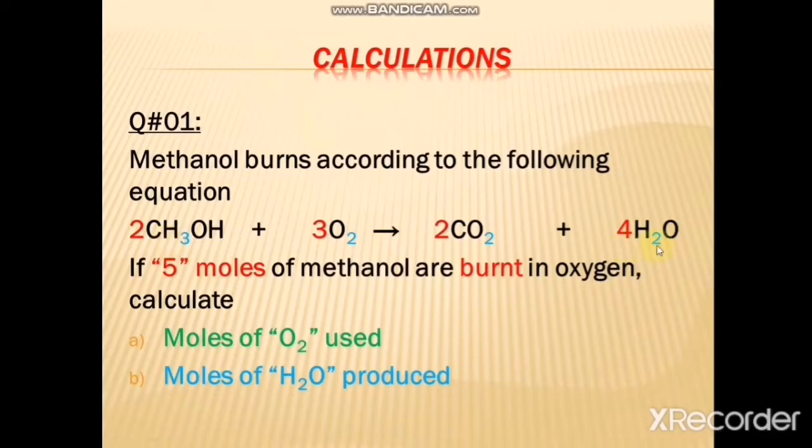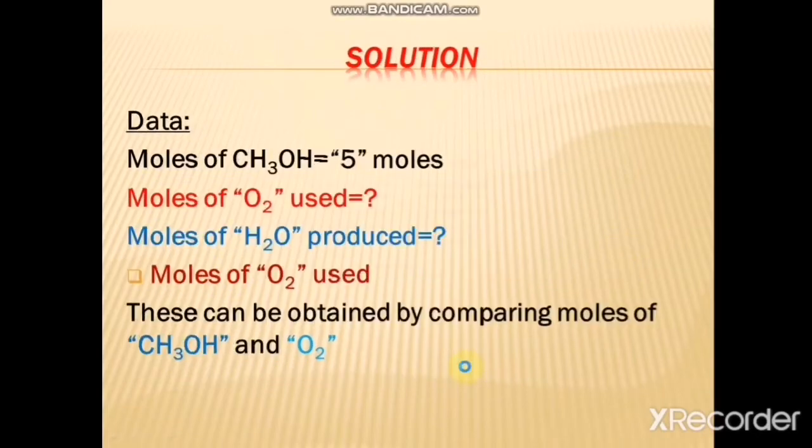From the combustion of 2 moles of methanol, 4 moles of water are produced. So the general ratio between the number of moles of methanol and water is 2:4. You will have to keep it in mind, 2:4.